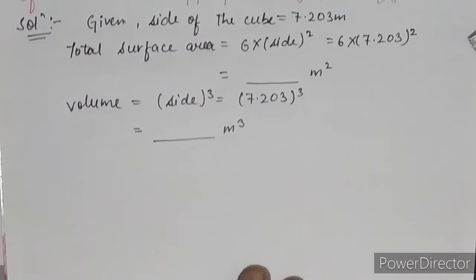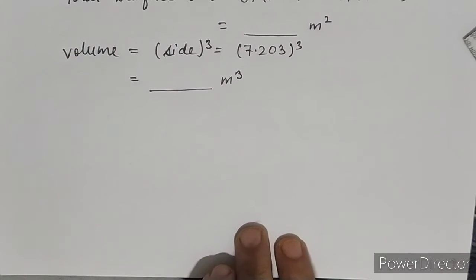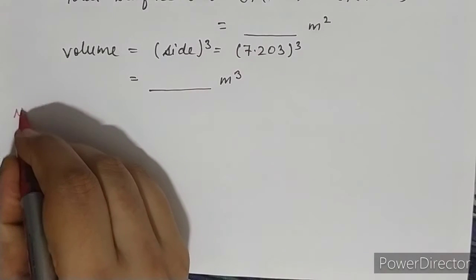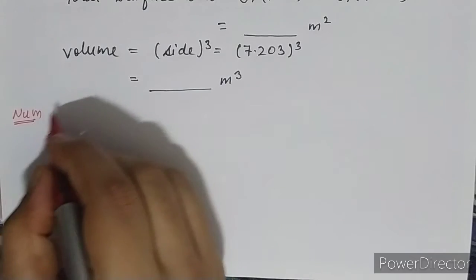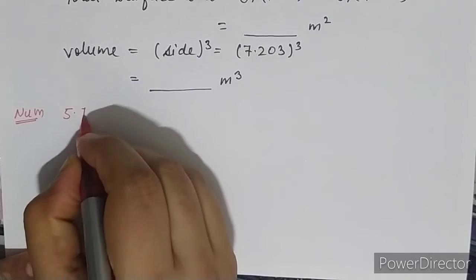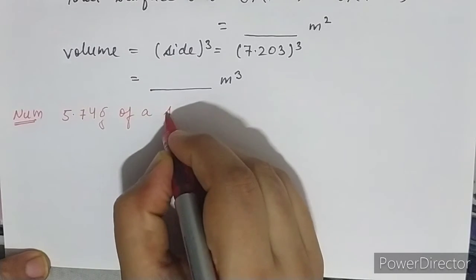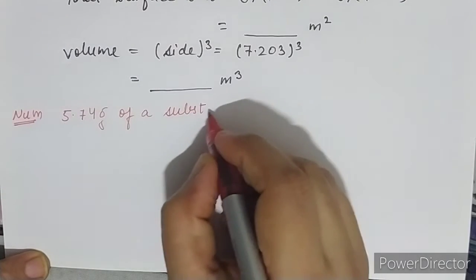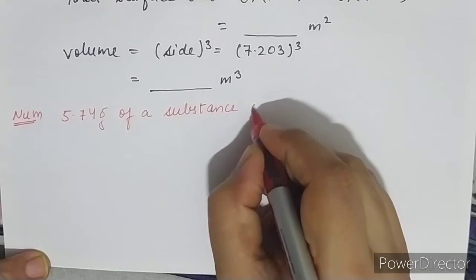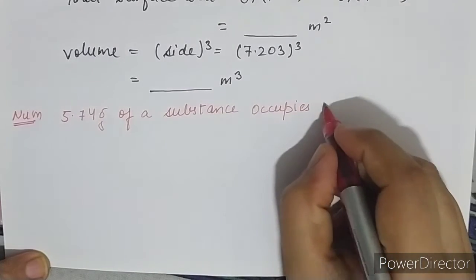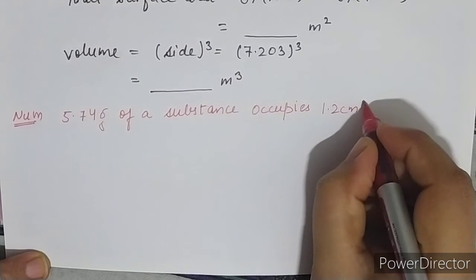Moving ahead with the next question, and the next question is numerical. 5.74 gram of a substance occupies 1.2 centimeter cube.